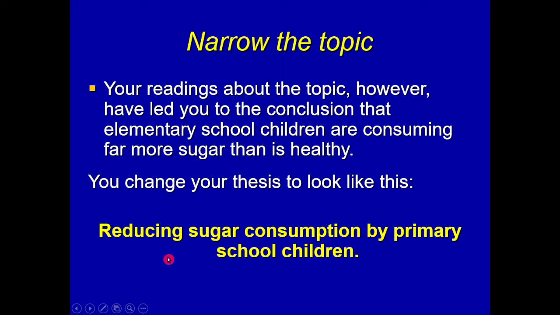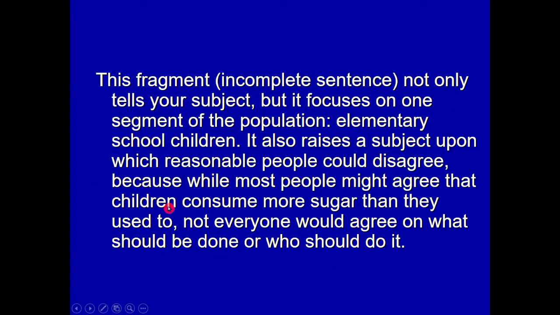Now, you have narrowed the topic: reducing sugar consumption by primary school children. This fragment, an incomplete statement, not only tells your subject, but it also focuses on a segment of the population. So here the population is elementary school children.